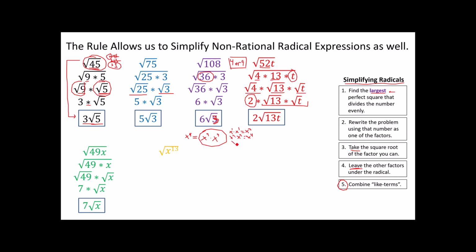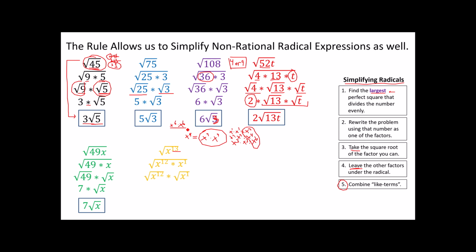Anytime I multiply a like base with the same exponent, I'm always going to get a result that has an even exponent. So every even exponent is a perfect square. That means the largest perfect square that's hiding inside of x to the 13th is x to the 12th. That's because x to the 6th times itself is x to the 12th.